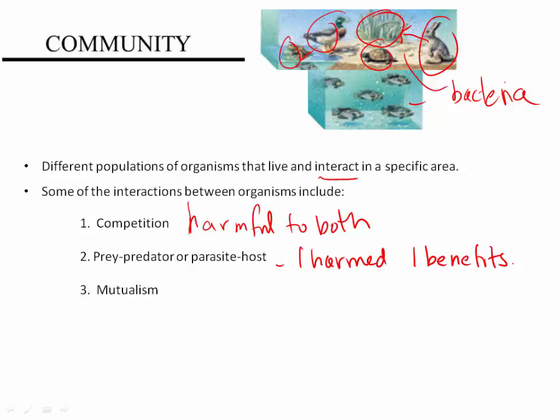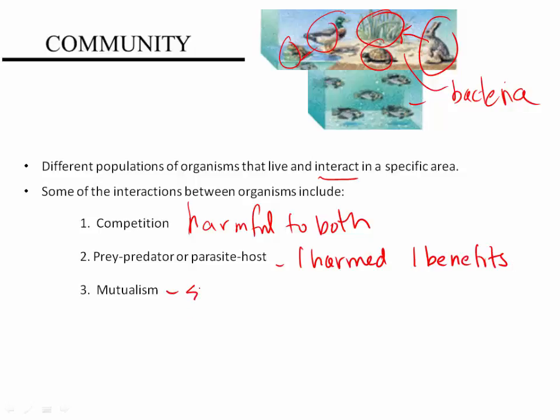Think of a tapeworm in a dog. The tapeworm doesn't give anything to the dog. The dog actually gets harmed because it's missing nutrients, whereas the tapeworm eats all the nutrients of the dog. It gets the benefit. And then we have mutualism.